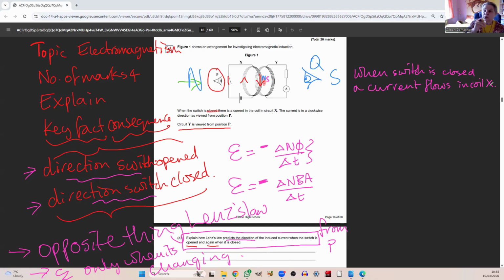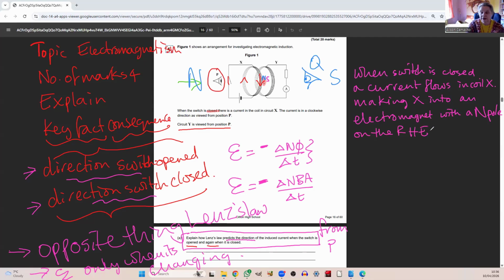So what does the current do to X? It turns it into an electromagnet. So making X into an electromagnet with a north pole on the right hand end.